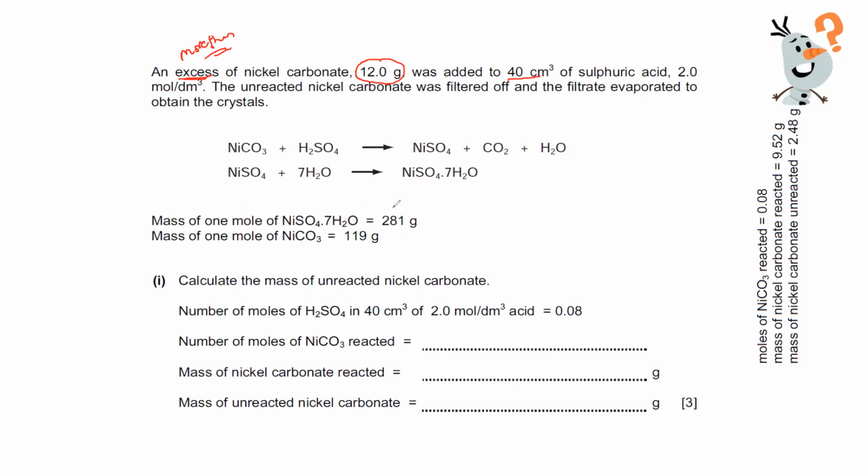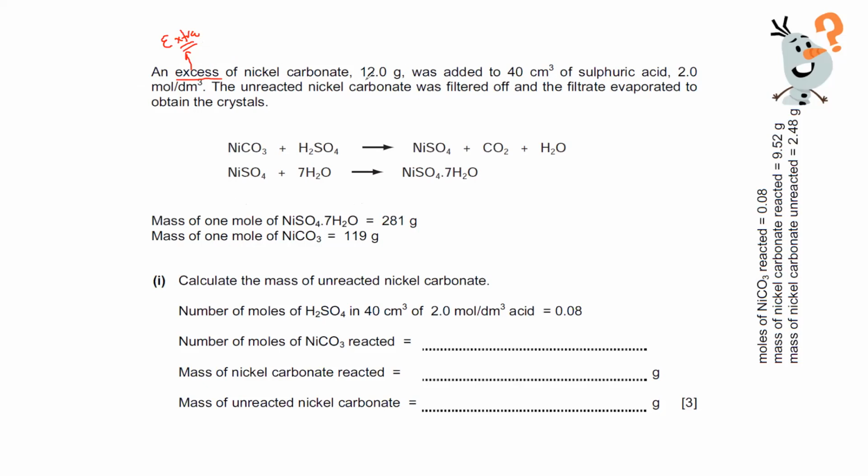Mass of 1 mole of nickel sulfate. The term excess means more than enough, extra. When something is in excess in a chemical reaction, it means it is extra or too much.